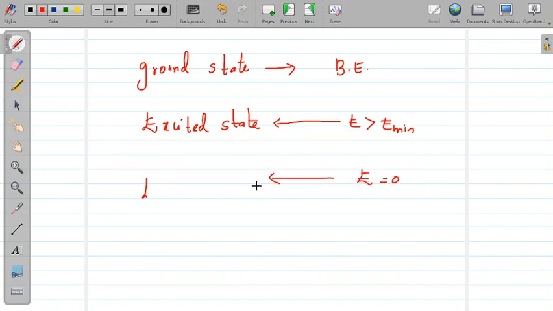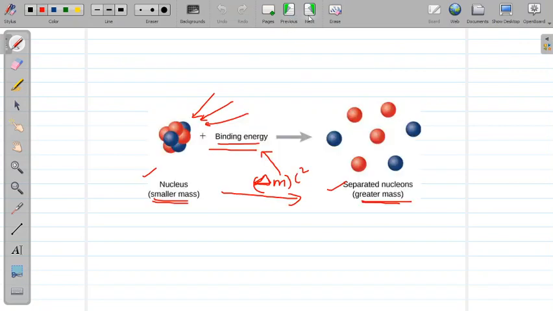That means we have liberated all the nucleons by providing the binding energy. In that case, the nucleus will dissociate into constituent nucleons. Then the nucleus will not exist at all. Just the separated nucleons will exist. So this is the concept of binding energy.